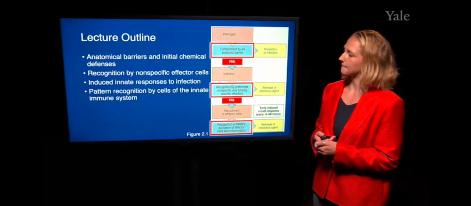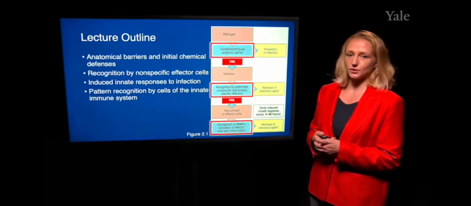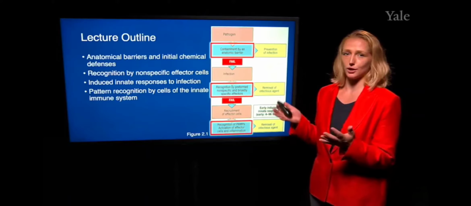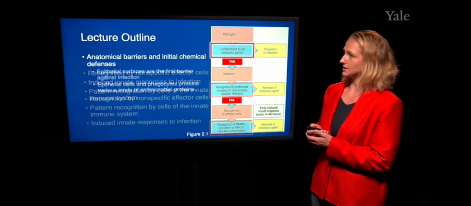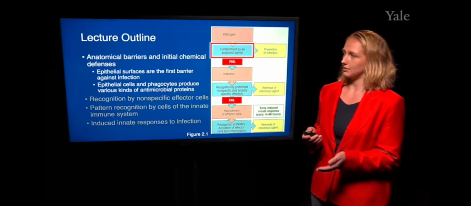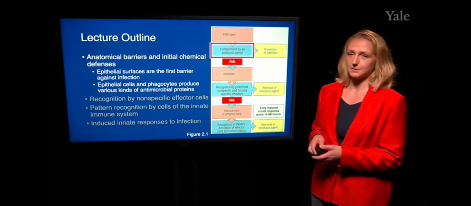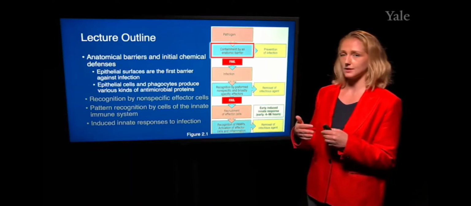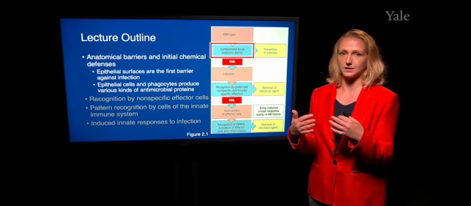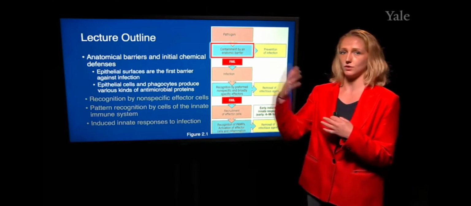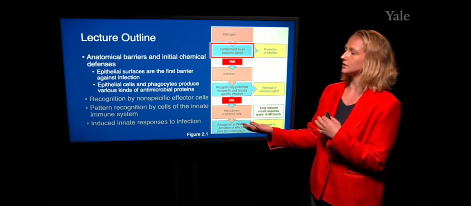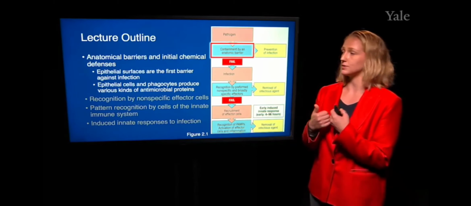So we've gone through a very broad overview of the innate immune response, starting with the importance of anatomical barriers and their initial chemical defenses. Epithelial surfaces are our body's site of interaction with the external world, and they keep our internal milieu safe.